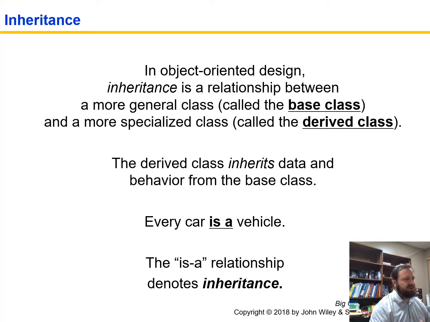A savings account is a bank account. A checking account is a bank account. So if you were setting up an object hierarchy for somebody's bank, you might have bank account as the base class and then have checking account and savings account as derived classes.